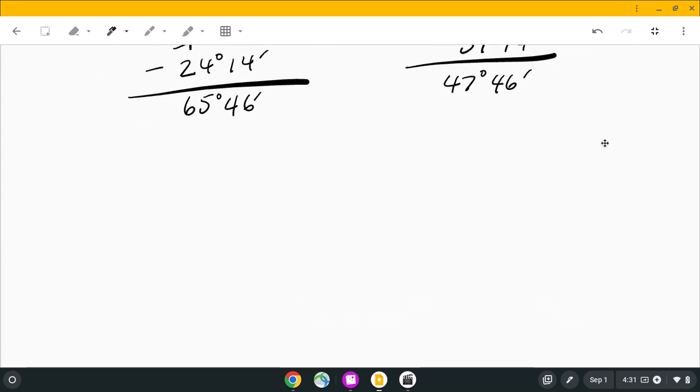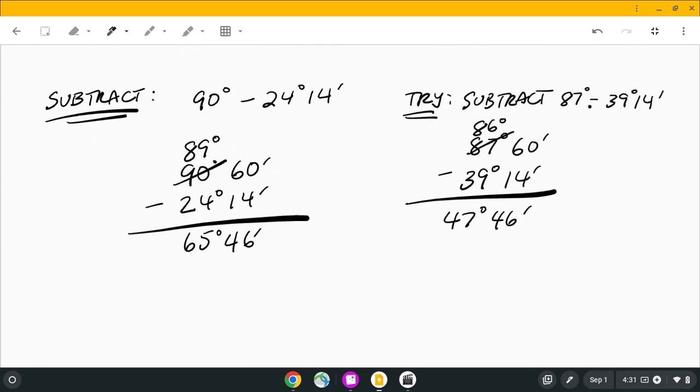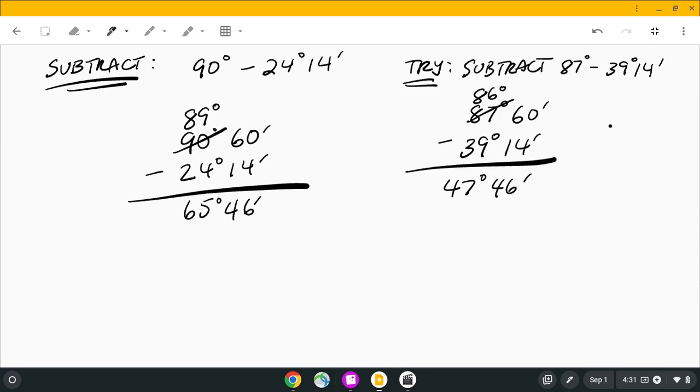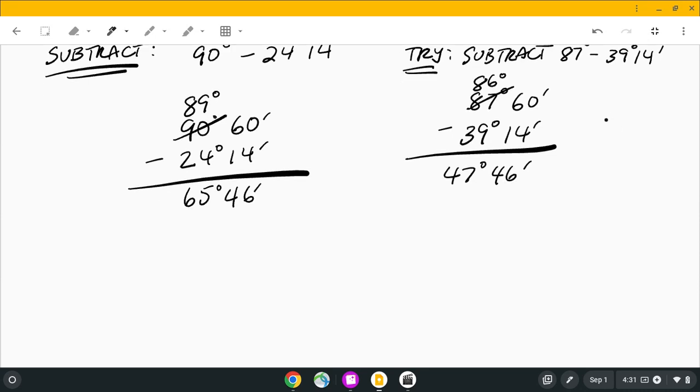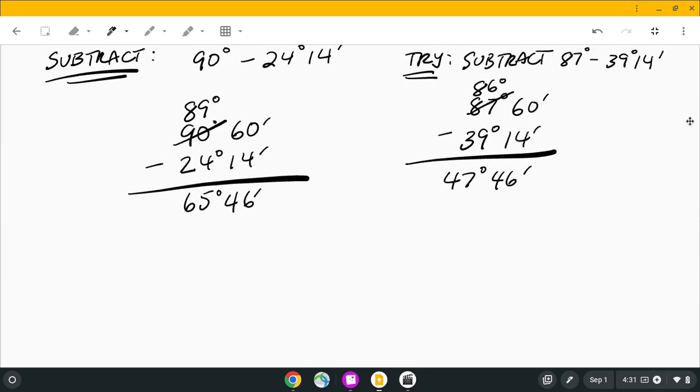So maybe when I was talking about what if it said 87 degrees and 3 minutes, let's go ahead and look at one just in case you didn't quite understand what I was saying. So this is what I meant. This is just sort of a spur of the moment problem. So subtract.